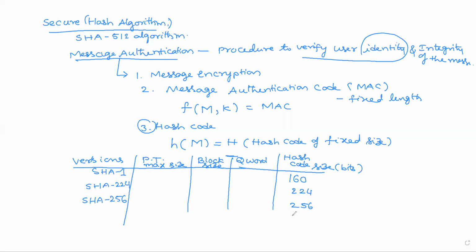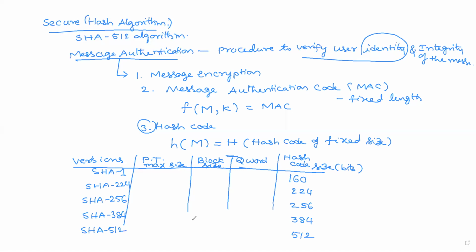Then we are having SHA-384, means it is generating a hash code of 384 bits. Now our topic is SHA-512, which is nothing but the hash code of size 512 bits.